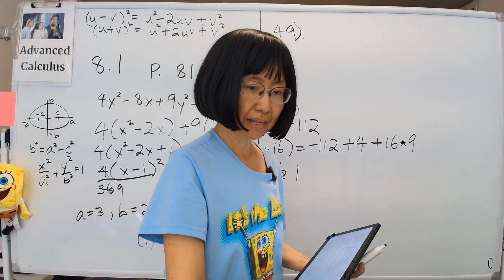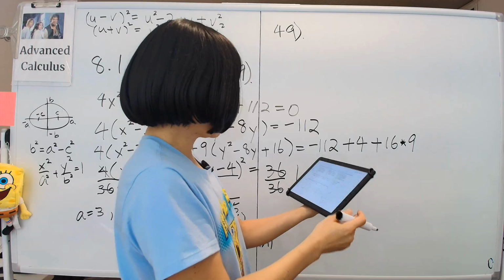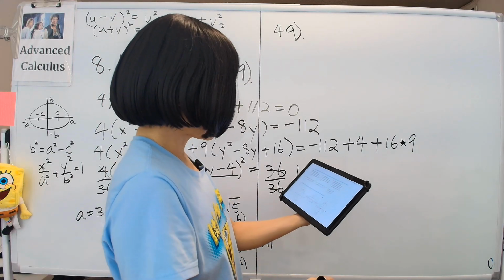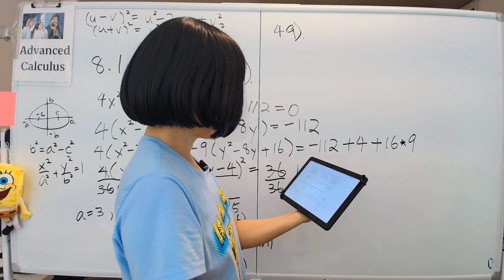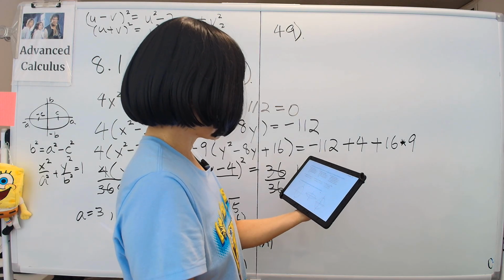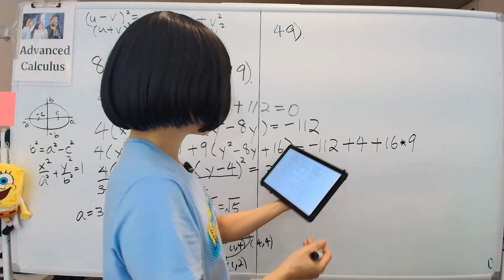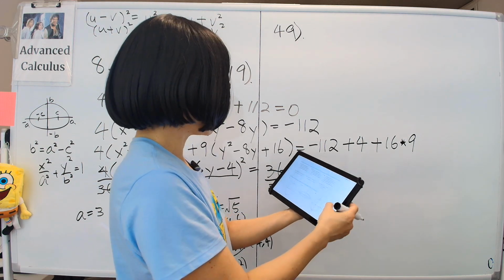So next, let's look at problem 49, where we have a bunch of descriptions, and we're supposed to use information about the graph to determine its equation. We are given various information, and we need to find the equation.